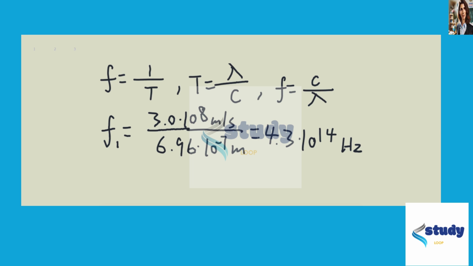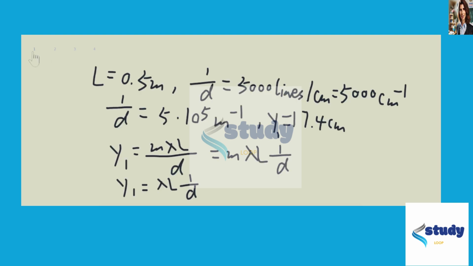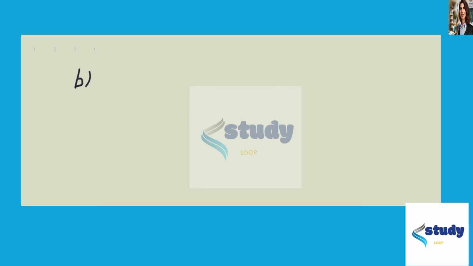And let's take a look at question B. Let me make sure, let me mark it real quick. A, okay. Question B, here we go. It's the same type of question. It's still trying to determine the wavelength and frequency. Just the data was given different. So in this case, the separation y2 is 18.4 centimeters, and L is still the same.